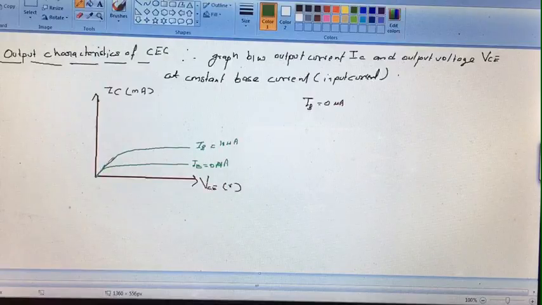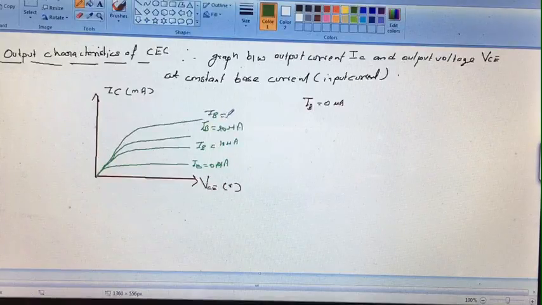Similarly, IB increased to 20 microampere, and again IB is increased to 40 microampere. Then we are observing that the graph is being increased. Okay.